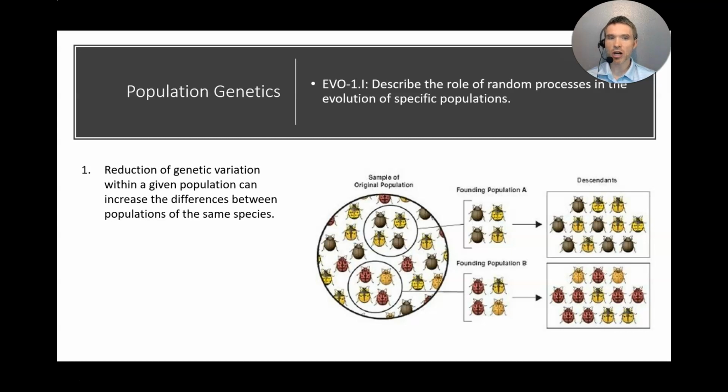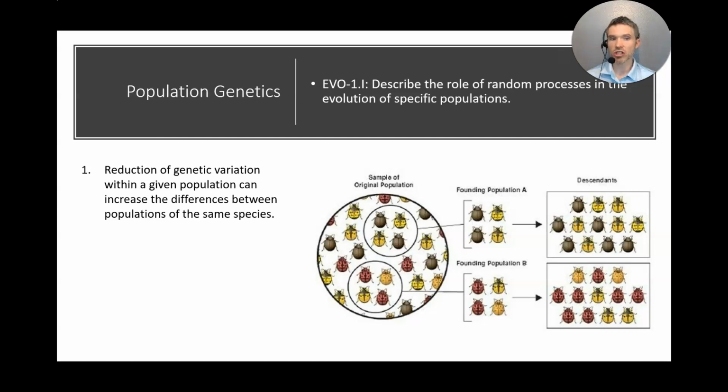What you'll notice in population A, I chose 2 yellow ones and 2 black ones. In this situation, I have lost the red beetles from that population. Similarly, in population B, I've chosen 2 red beetles and 2 yellow beetles. In this founding population, I have lost the black beetles.